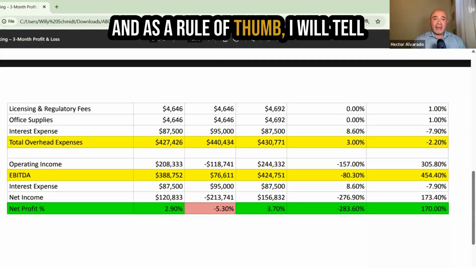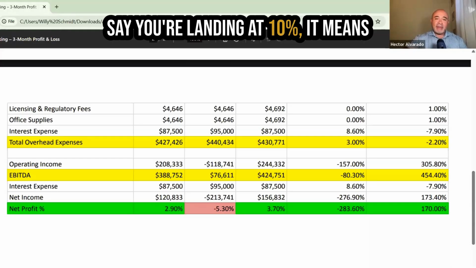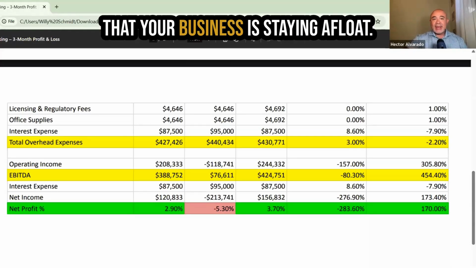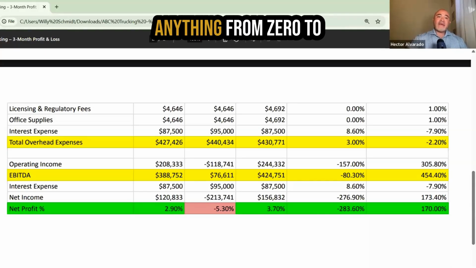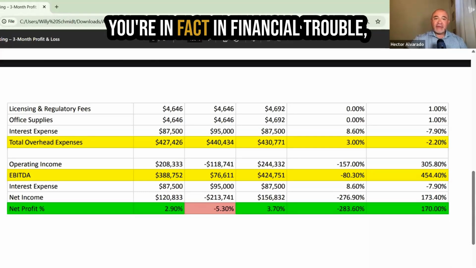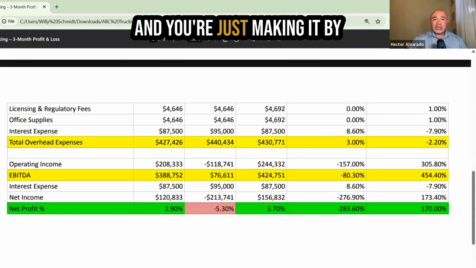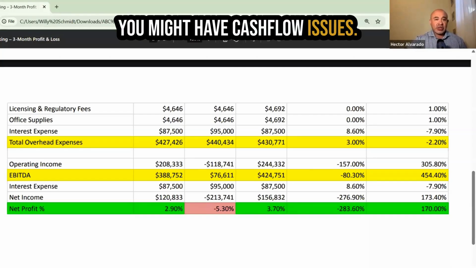And as a rule of thumb, I will tell you this, a 10% EBITDA or below, say you're landing at 10%, it means that your business is staying afloat. It's okay. Anything from 0 to 5, you're not healthy. You're in fact in financial trouble and you're just making it by, meaning that you might have cash flow issues.